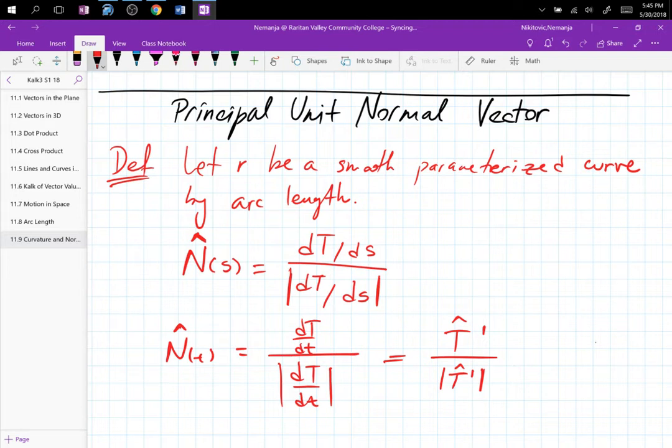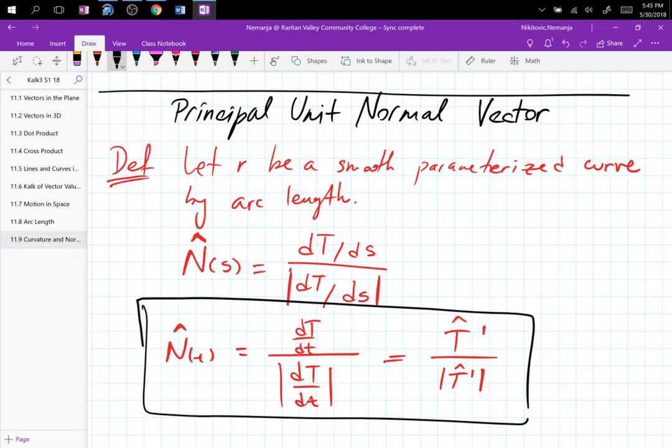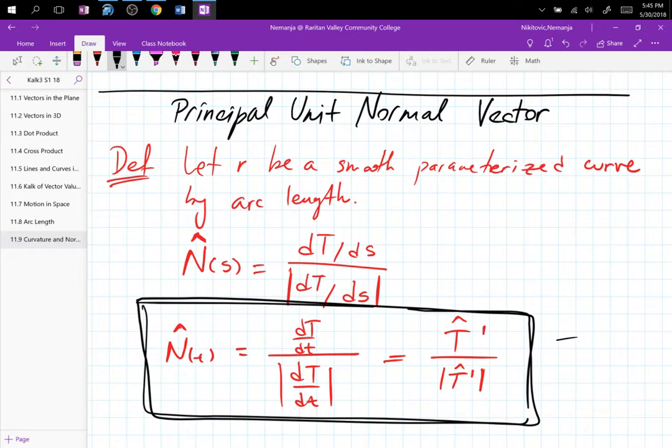Now, this is a vector. Remember, curvature was a scalar. It's a number. We are quantifying curvature. But over here, this is a vector. So this is the formula which you are going to use to calculate. This is a vector. It's a unit vector.